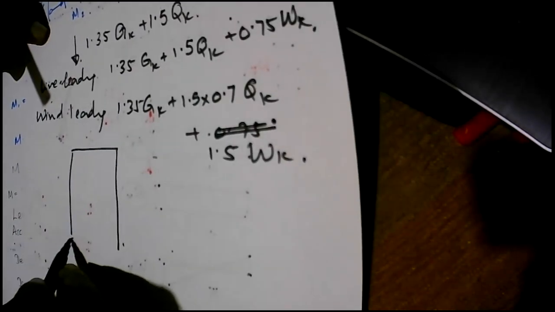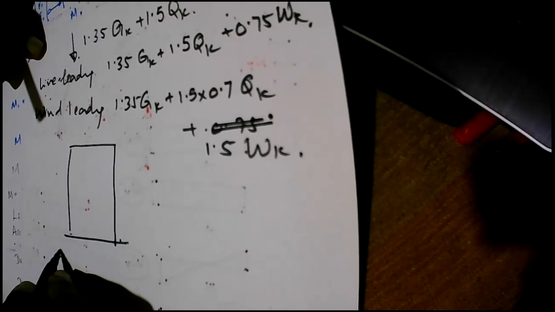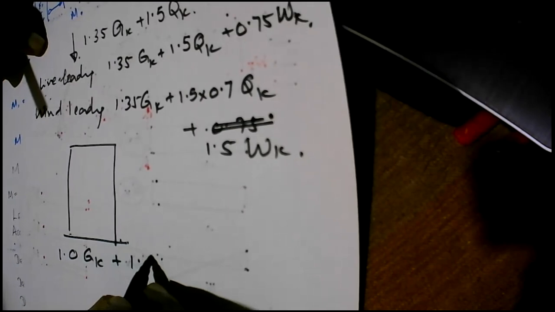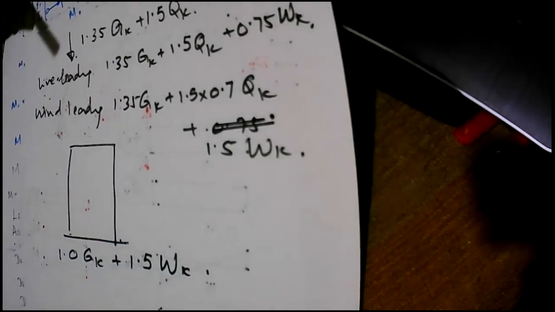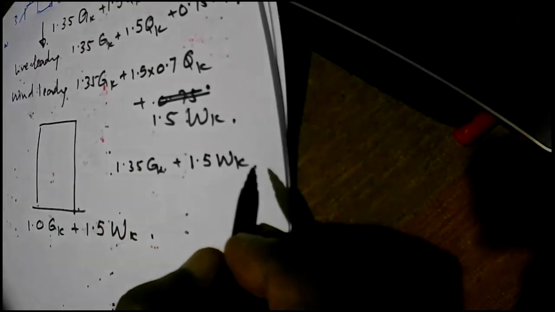And in addition to that, we also have to consider this particular case where you get 1.0 GK plus 1.5 WK. So we have to consider that case. And we do not have to consider a case like 1.35 GK plus, sorry, we can consider this case also, but there's a chance that this might be more critical than this one.